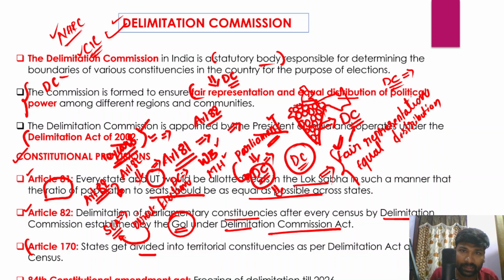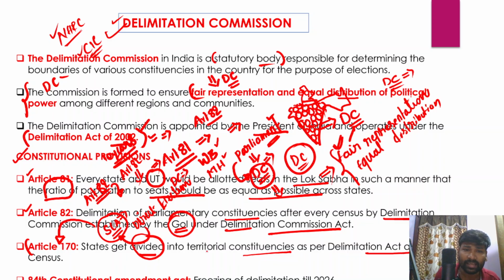We all knew about that. And there is also a need for the delimitation of the constituencies within the states for the purpose of the state legislative assembly elections, right? So that would be dealt with by Article 170 of the Indian Constitution. So Article 170 states that states are further divided into territorial constituencies as per the Delimitation Act every census.